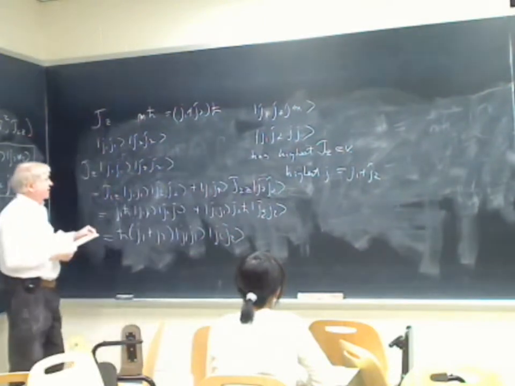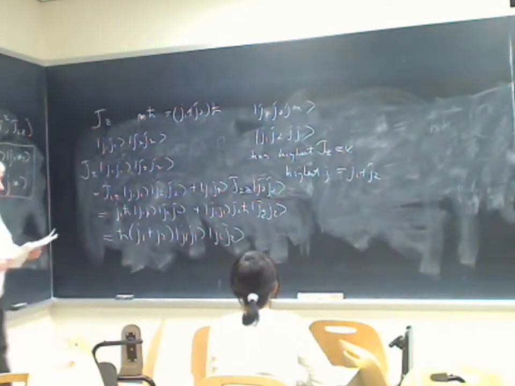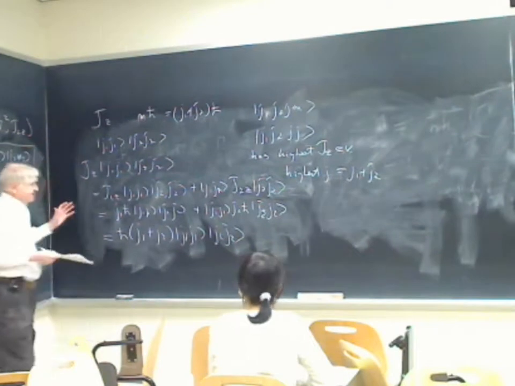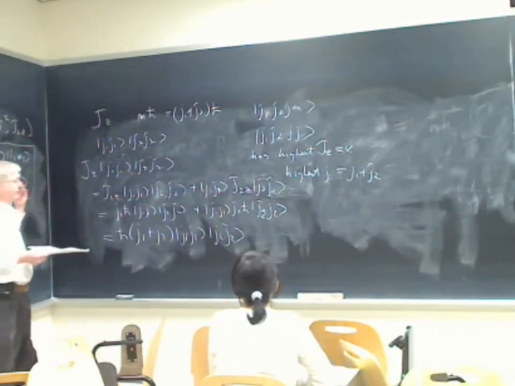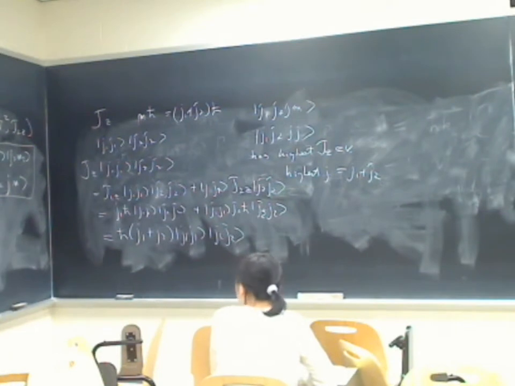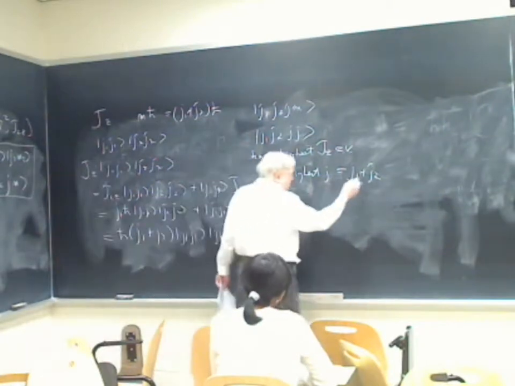So we've learned something sort of through the back door, in a sense, that just by looking at the Jz values, we see that the highest eigenvalue of J squared, the composite angular momentum eigenvalue, corresponds to the value J of J1 plus J2.